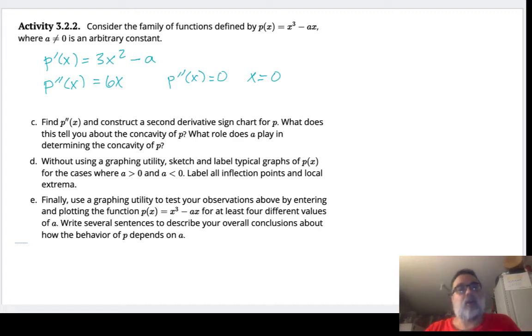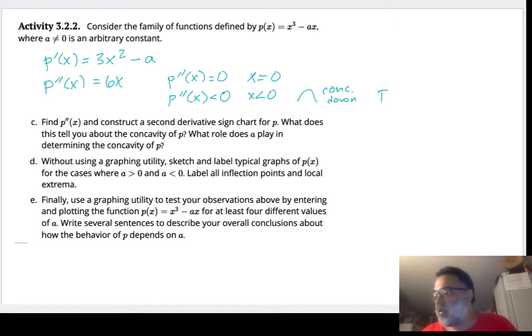Okay, and then the second derivative is going to be negative if x is negative. So that's concave down.